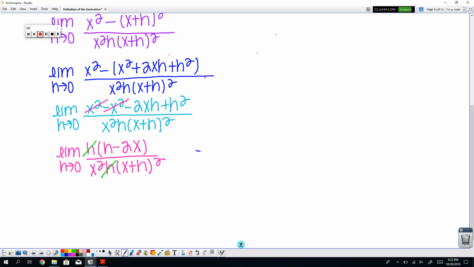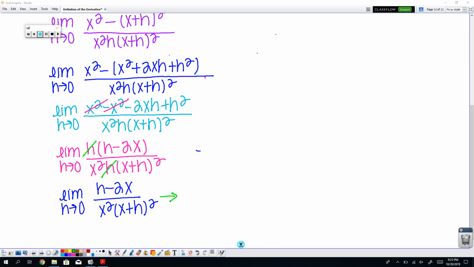And then we'll have the limit as h approaches 0 of negative h minus 2x over x squared times x plus h squared. Now I can actually go through and plug in this 0 because that doesn't mess anything up in the bottom here, because it would just be x plus 0.